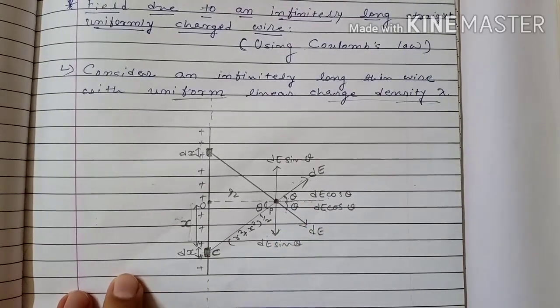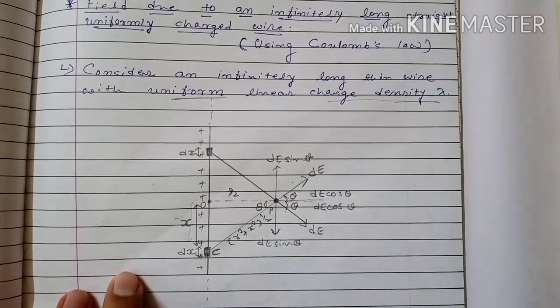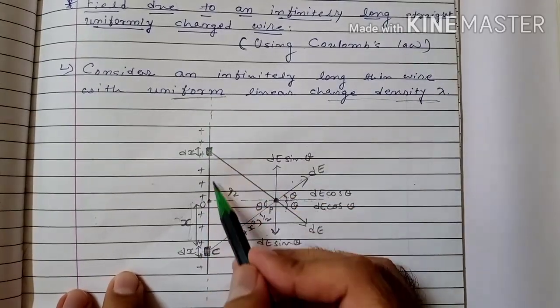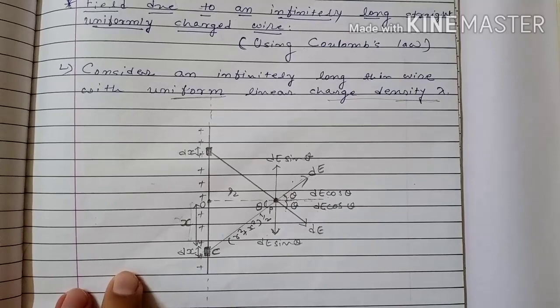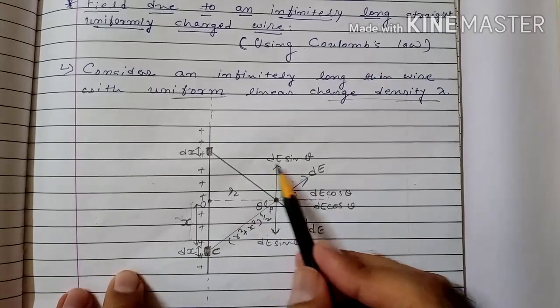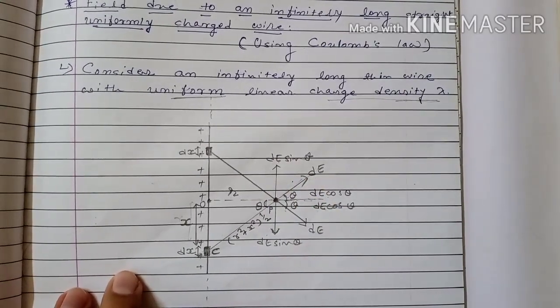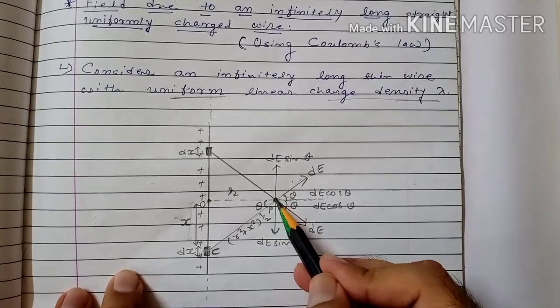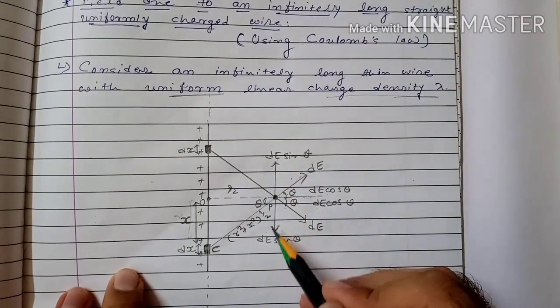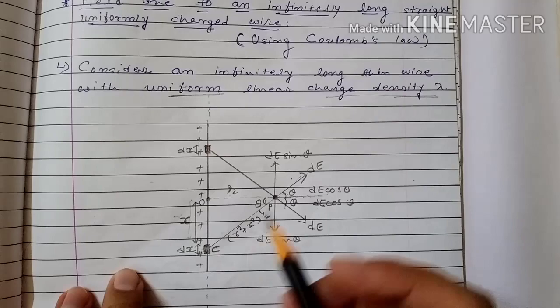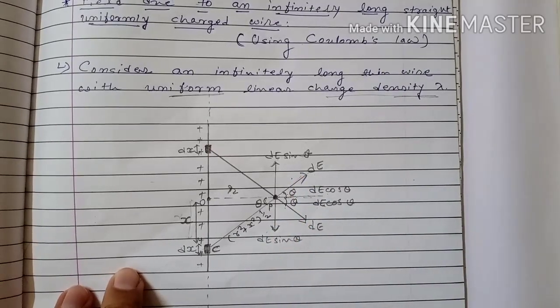Here you can see components of electric field parallel to the axis of the wire will get cancelled. dE sin theta components will get cancelled because they are in opposite direction. Both components have the same magnitude, and both are in opposite direction. Therefore they will get cancelled.